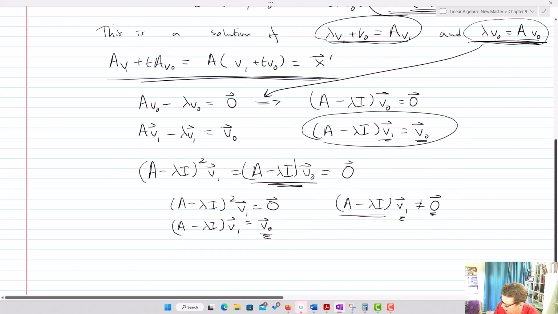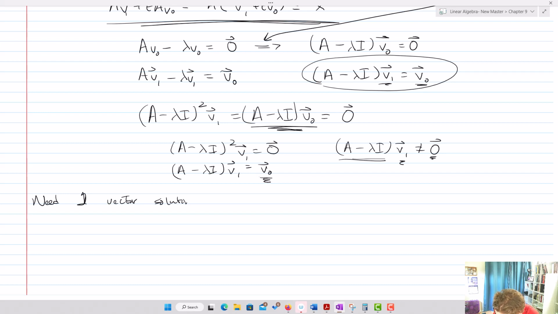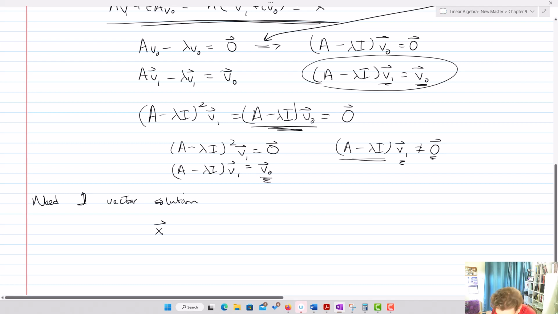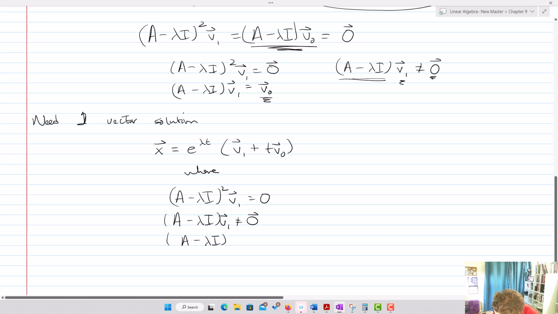Okay, so our summary here: if we need one vector solution, our solution x is going to be of the form e^(λt)(v₁ + t v₀), where (A - λI)²v₁ = 0, (A - λI)v₁ does not equal 0, and (A - λI)v₁ equals our v₀.